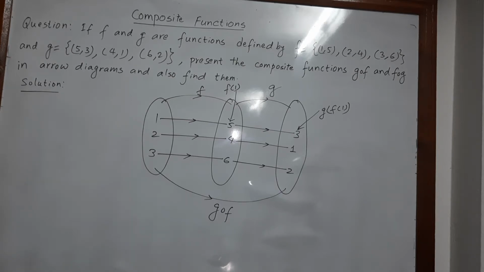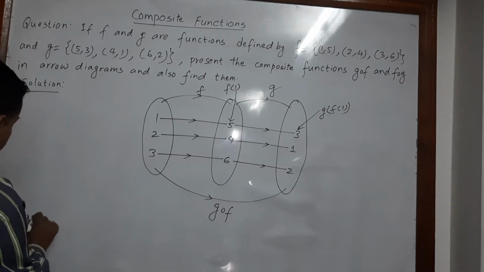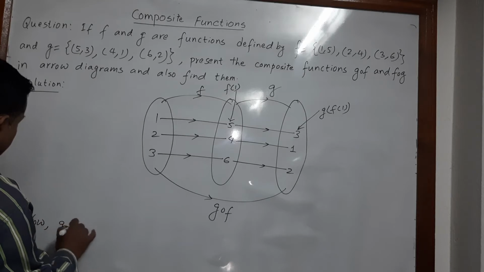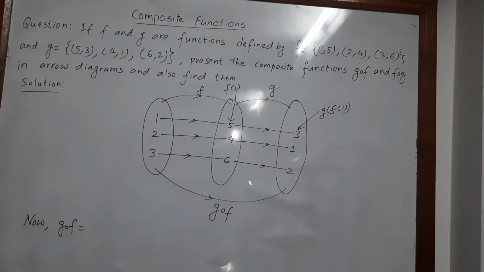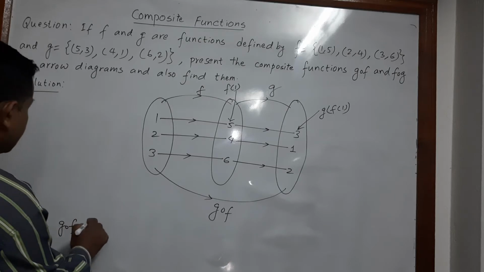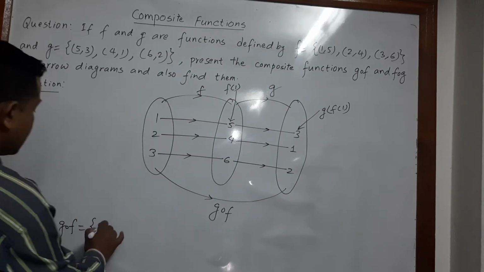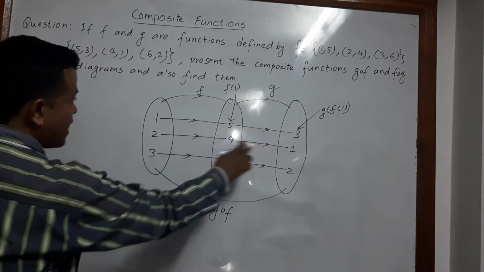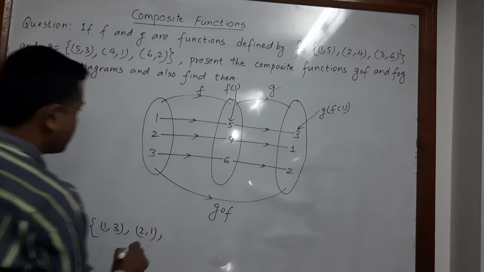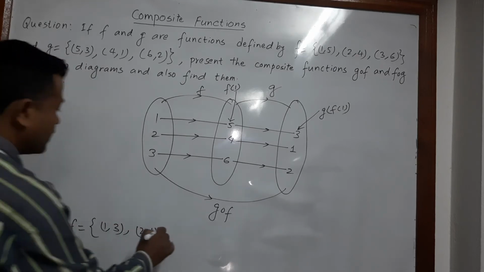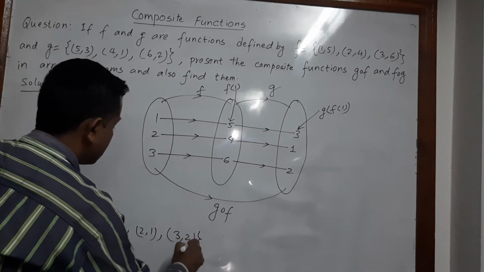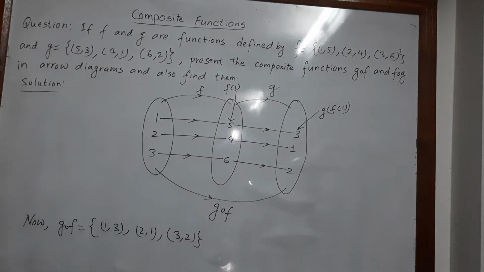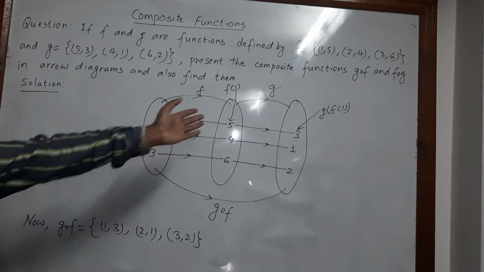So g of f will be like this: 1 is mapped to 3, 2 has image 1 under this composite function, and similarly 3 has image 2 under this composite function. In this way we can find the composite function g of f.